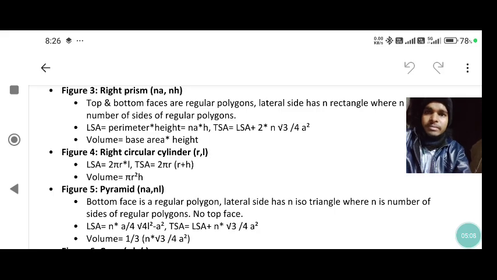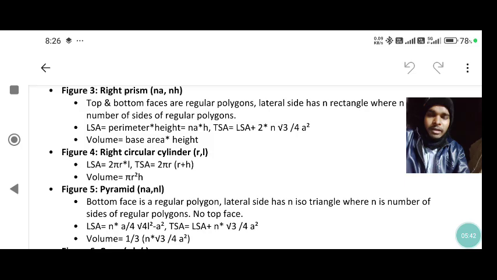lateral lines. The lateral surface area is the perimeter of the regular polygon into the height of the right prism. The area of the regular polygon is n times the area of each triangle in it.